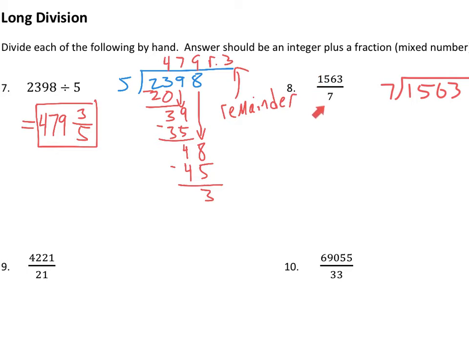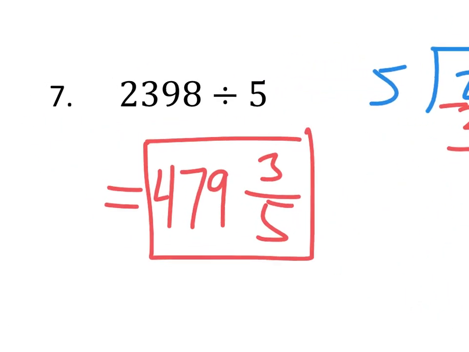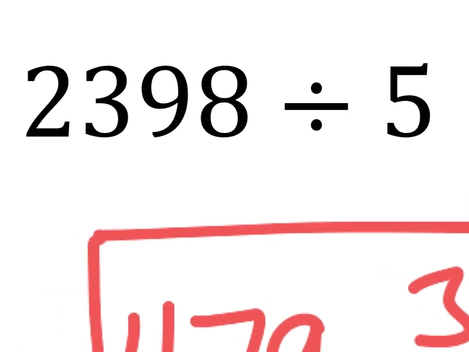Top divided by bottom. Now, by the way, if you're confused by the fact that a fraction means division, look at this symbol right here. See this symbol that you've used since elementary school? It looks a lot to me like a fraction. It looks like we have something divided by something, something over something.